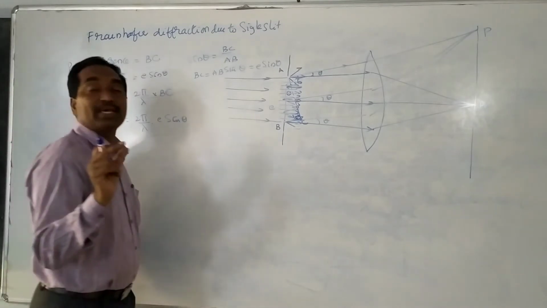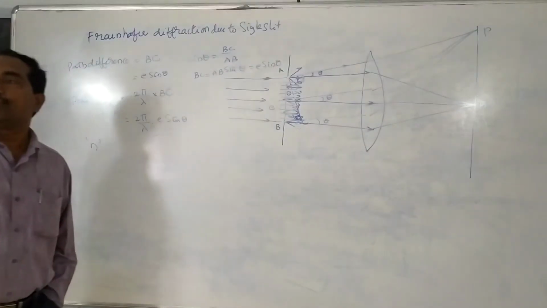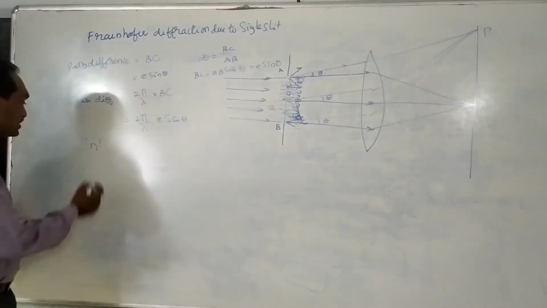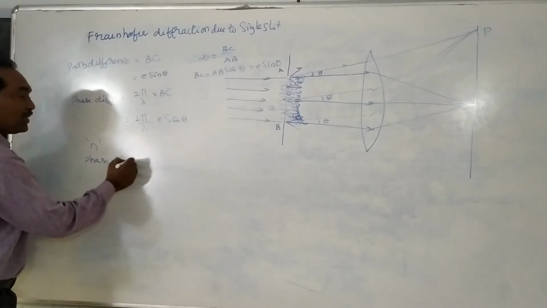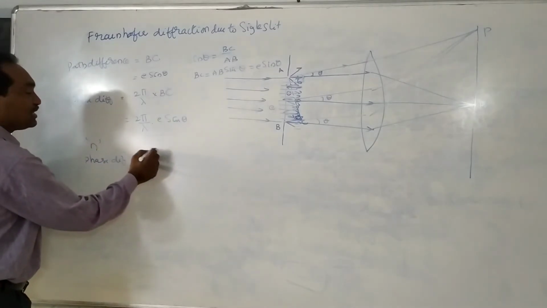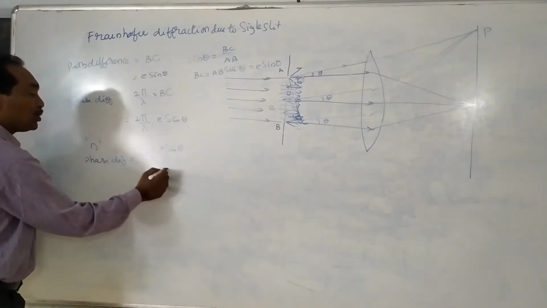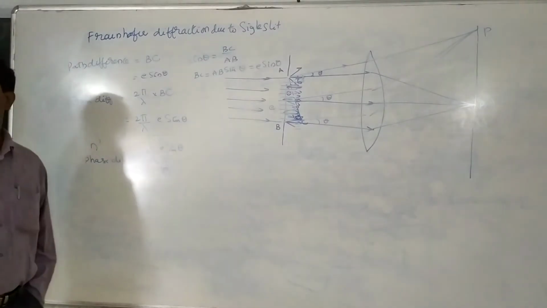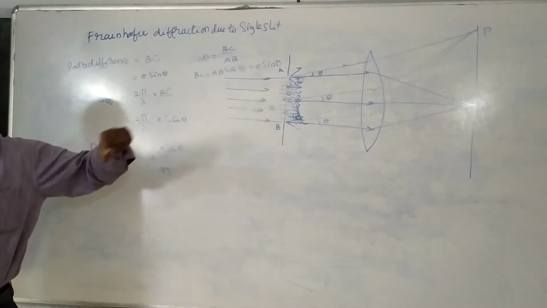The phase difference between two consecutive rays. If there are n rays, the phase difference between two consecutive rays is equal to the total phase difference, 2 pi by lambda into e sin theta, divided by total n. Am I right? That gives the phase difference between two consecutive rays.